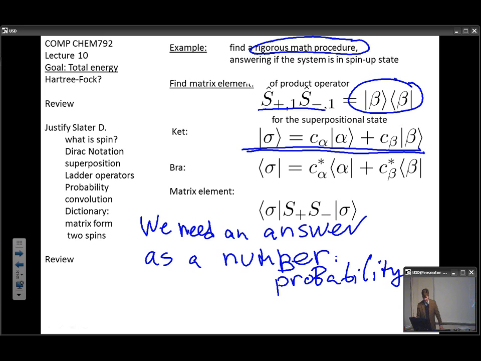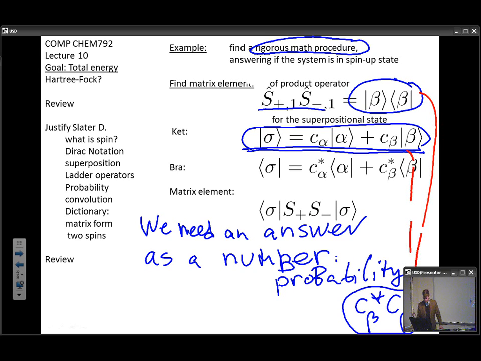That the system is in state beta, we are going to get the answer C. So this is our input, and this is our output. And we need to design a procedure that will take this one, we bring it here.